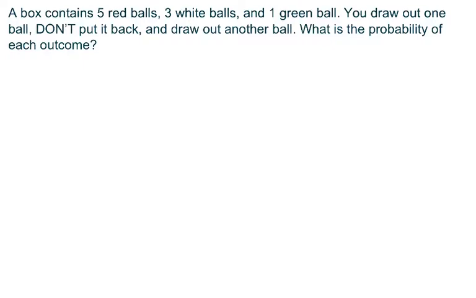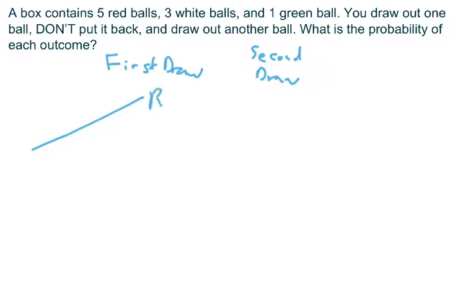Well, that's going to change up my diagram a little bit, but I can still draw a tree. I'm going to think about the first draw and the second draw. For the first draw, I could pick out a red or a white or a green.